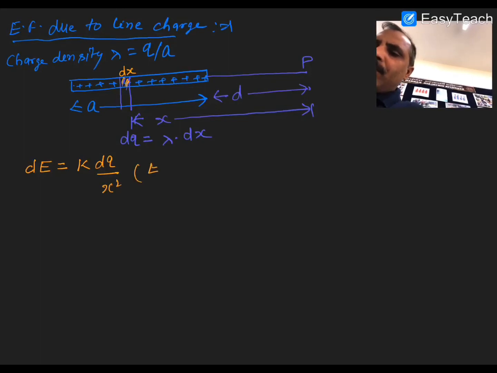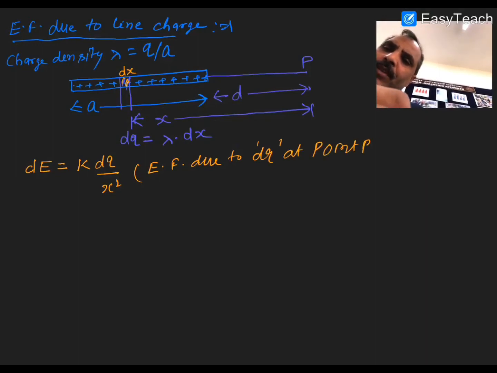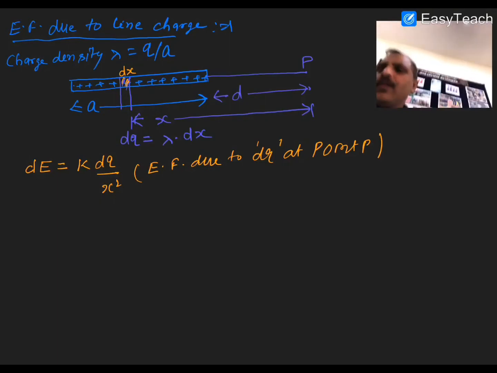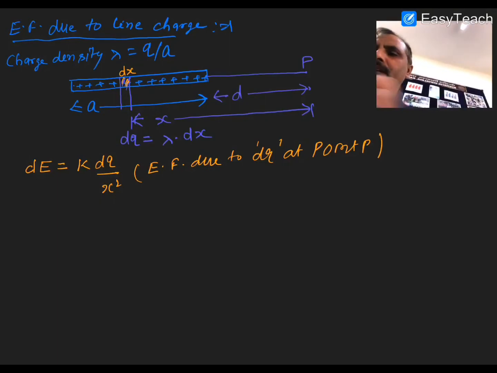This is the electric field due to dq at point P. The direction of dE is away from the positive charge.